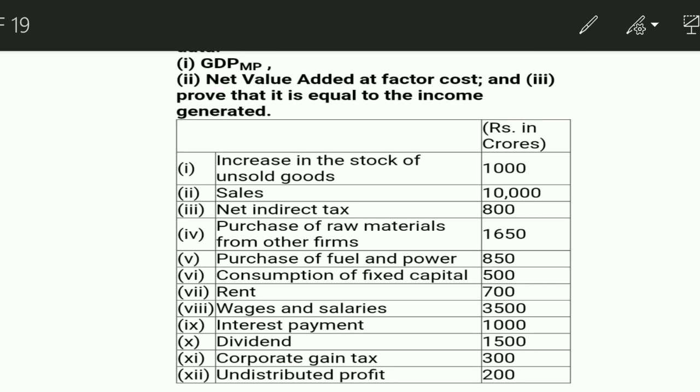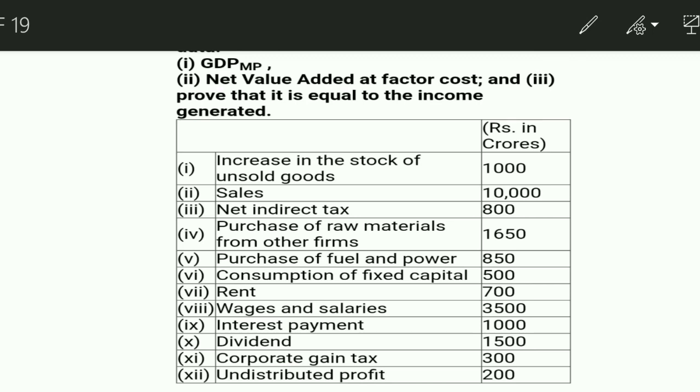Now you will show it numerically by doing it, in the same way as I did in this question. First of all, you will find net value added at factor cost by doing value of output minus intermediate consumption minus depreciation minus net indirect tax. You will reach the value of 7,200. Then you will do the same for income generated by doing the sum of compensation of employees, operating surplus, and mixed income of self-employed.